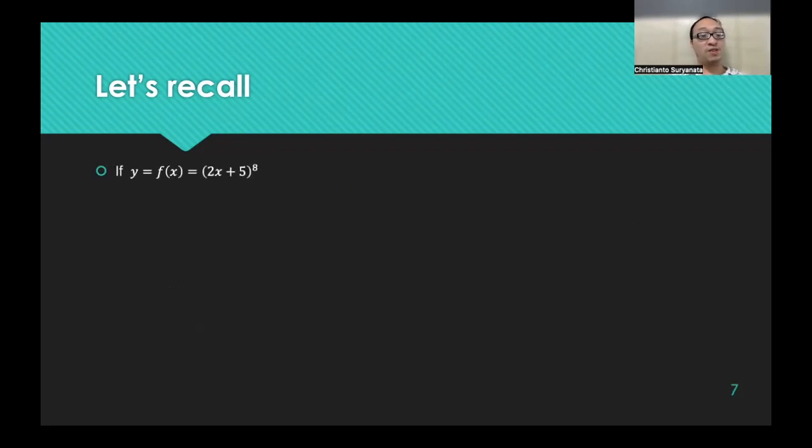If we have (2x plus 5) to the power of 8, the derivative is 16 times (2x plus 5). We bring the power 8 down, multiply by the power minus 1, so 8 minus 1 is 7, and then multiply by the derivative of the inner function, which is 2.